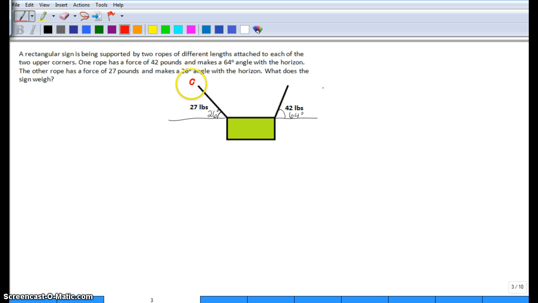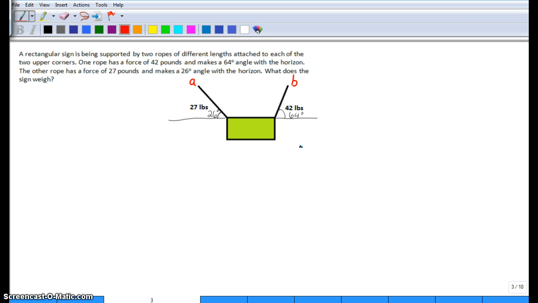We'll call this vector A, and this vector B. The magnitude of vector A in total is 27 pounds, and the magnitude of vector B is 42. Based on this 26 degrees, 64 degrees, we can break that 27 pound magnitude into its x and y components, just like we can break any vector into its i hat and j hat components.